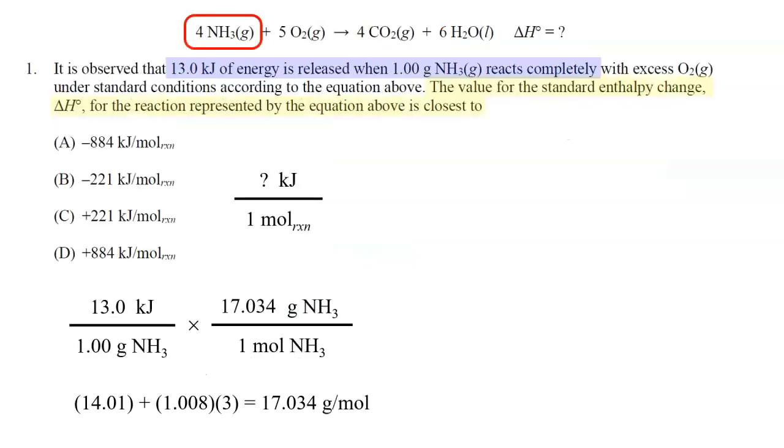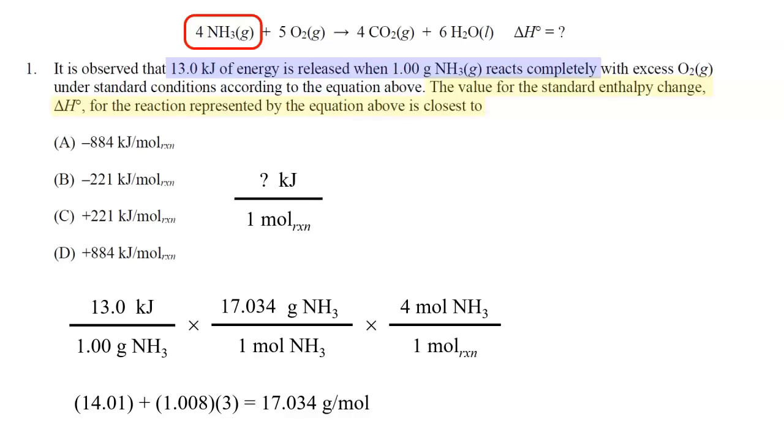So back in question 1, we can see that because the coefficient of ammonia, or NH3, is 4, then there's 4 moles of ammonia for every 1 mole of reaction. So now if you look at the calculation, the grams of NH3 will cancel out, and the moles of NH3 will also cancel out, so that the units of our final answer will be kilojoules per mole of reaction.